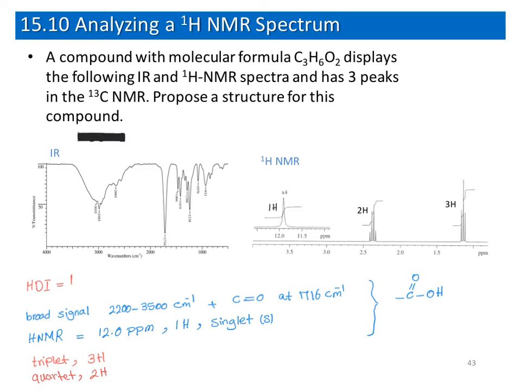This pattern, we already talked about it, tells us that we have an ethyl functional group in the molecule. Now, if you again look at the formula, it is C3H6O2. So we found these pieces. We have 3 carbons. So let's put all the pieces together so we can come up with this structure.